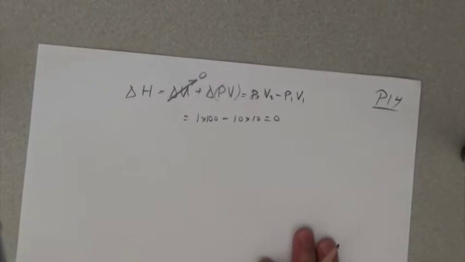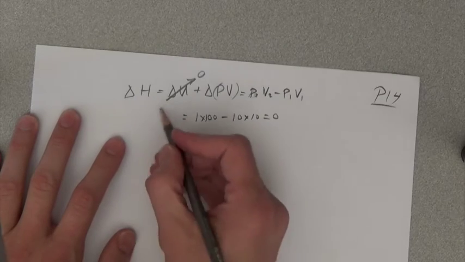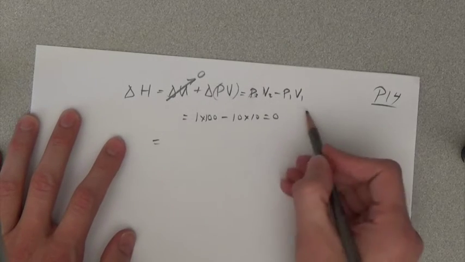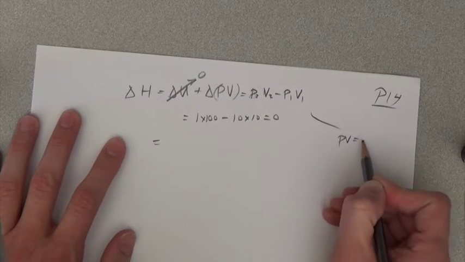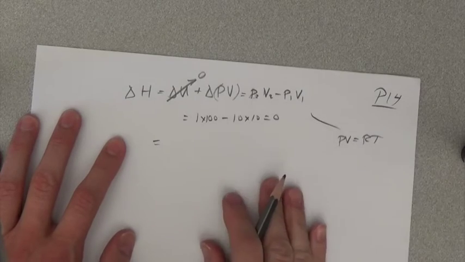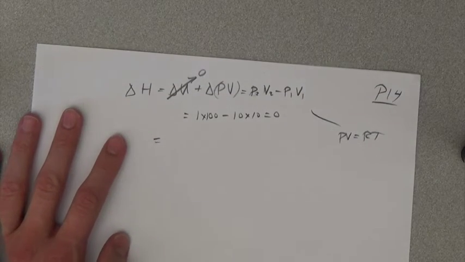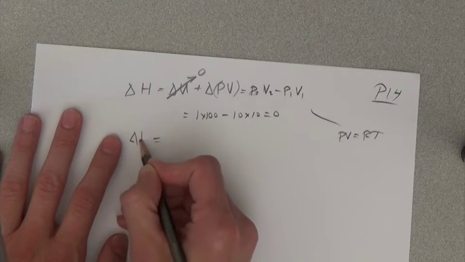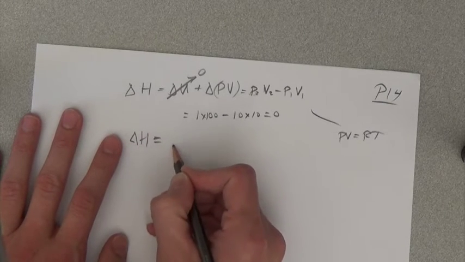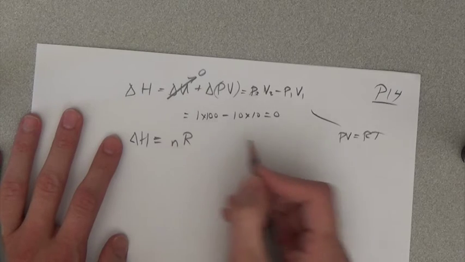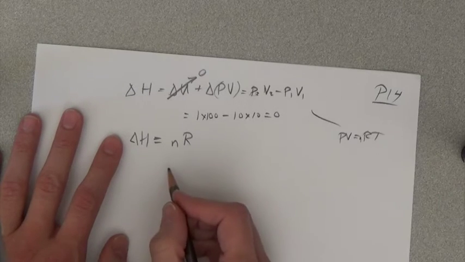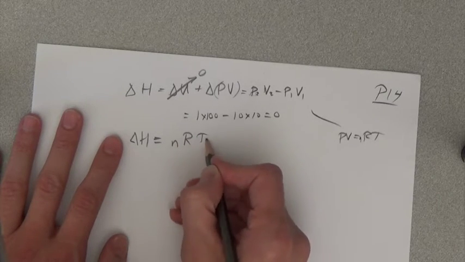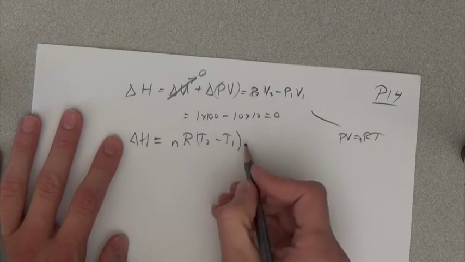Or if you want to do this entire thing symbolically, you could use PV equals nRT, and we could write that delta H is equal to nR times T2 minus T1.